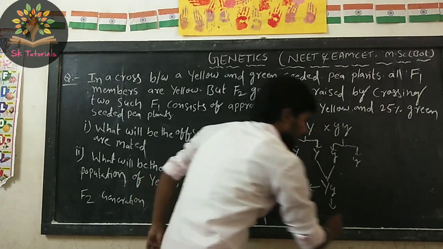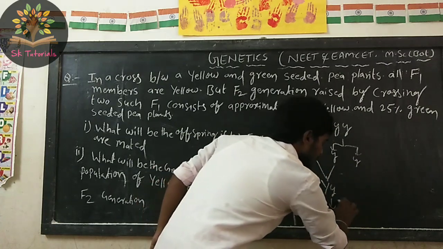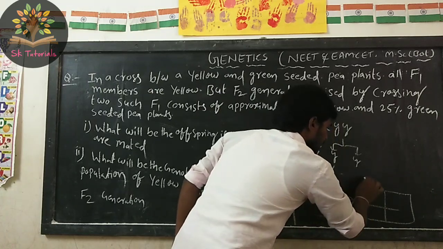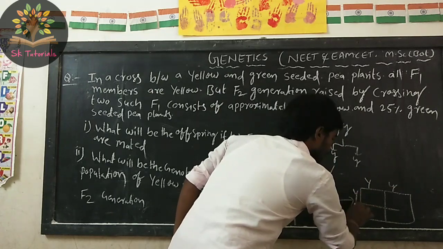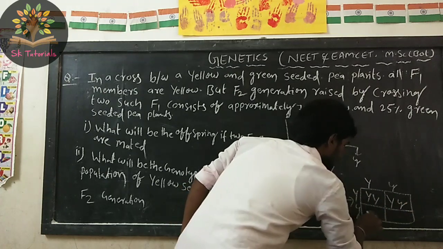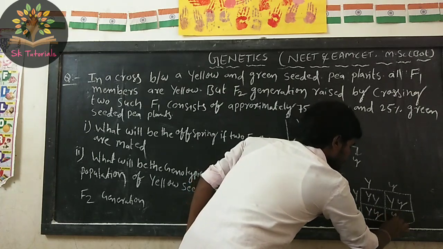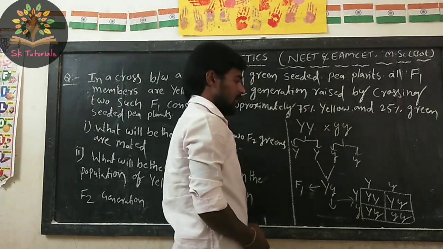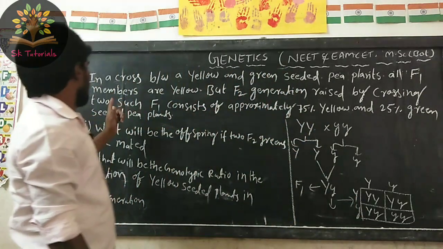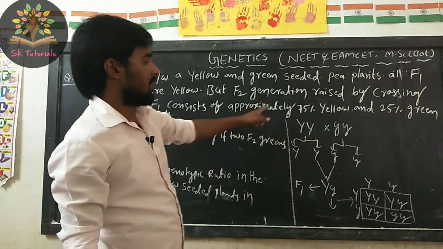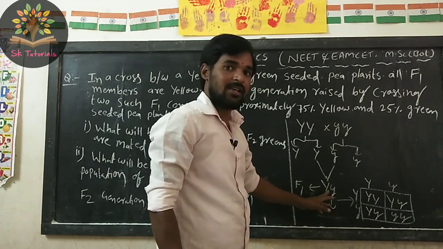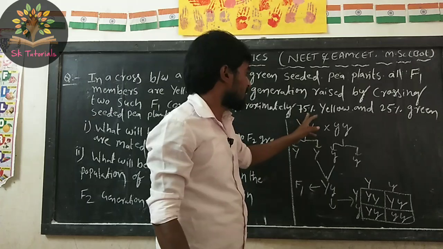In the next generation, if you observe the Punnett square, see, capital Y, small y, capital Y, small y, capital Y, small y, small y. What did he ask here? Two F1s are crossed, it means self-pollinated.